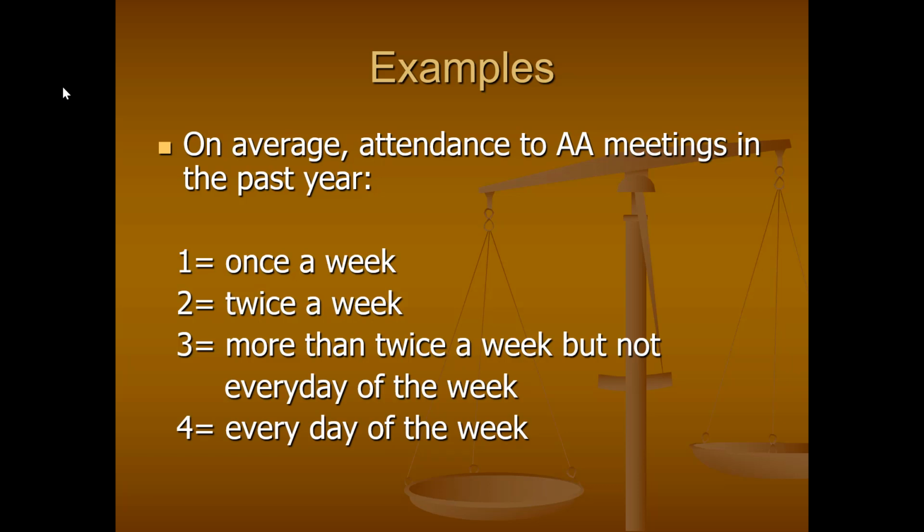So on average, during a week in the past year, how often do you attend AA meetings? That would be the question, and these would be the answers, and these would be the values of those answers, or what are called response options. So what type of variable is this in terms of level of measurement?